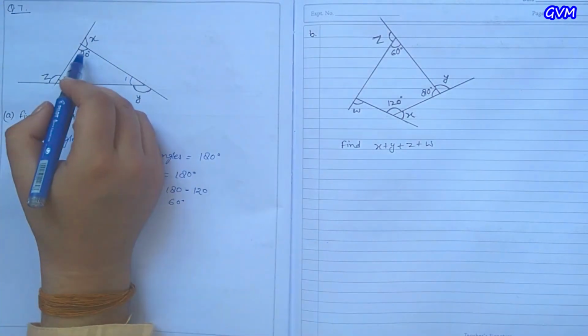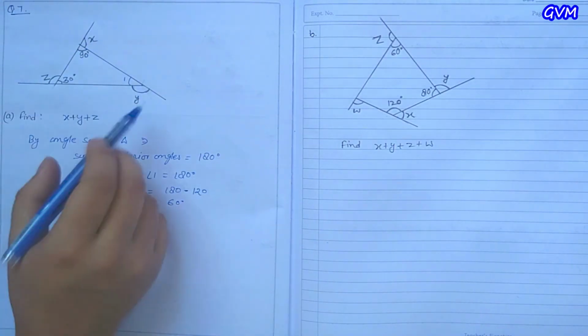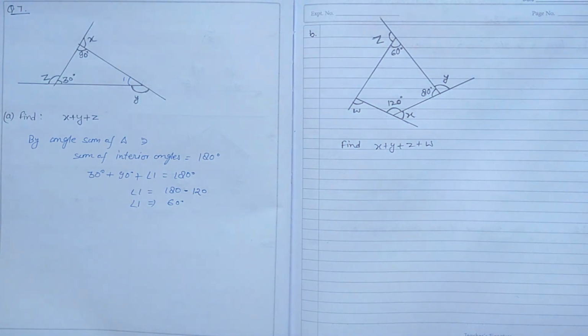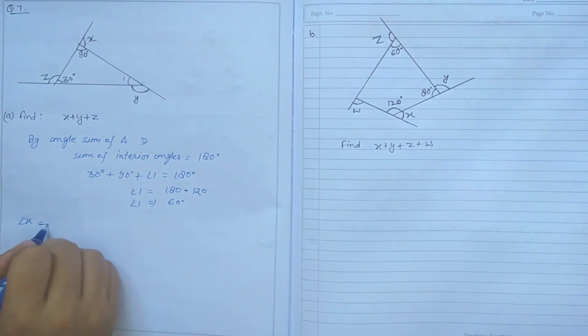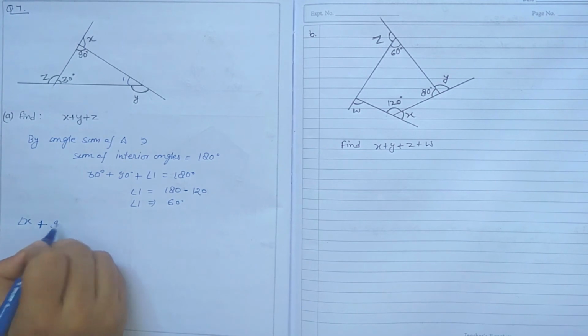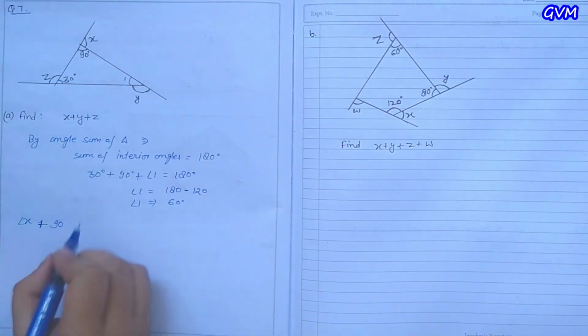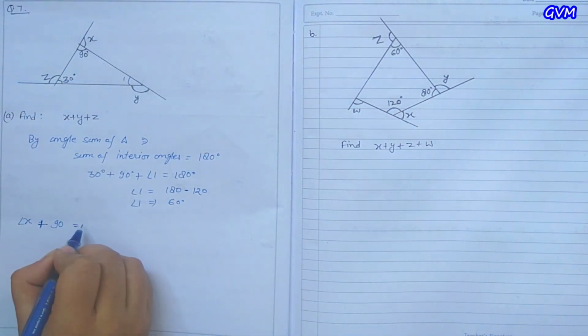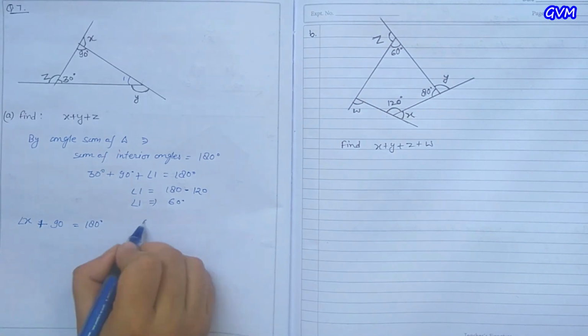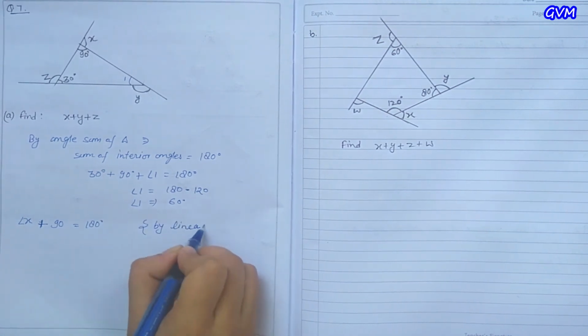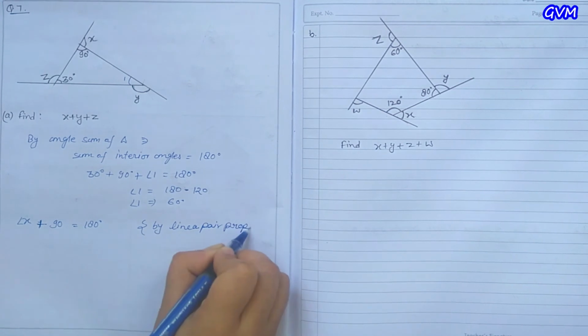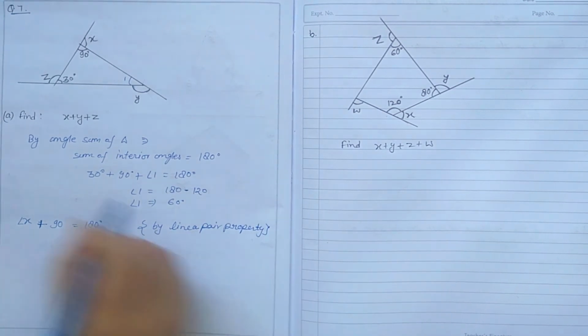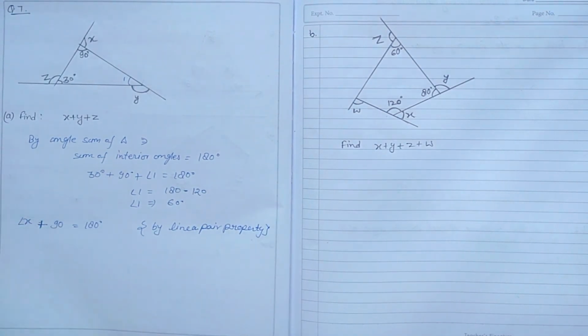Now we can find x, y, z by linear pair. So angle x plus 90 is equal to 180 degrees by the linear pair property. If they are linear they will form 180 degrees.